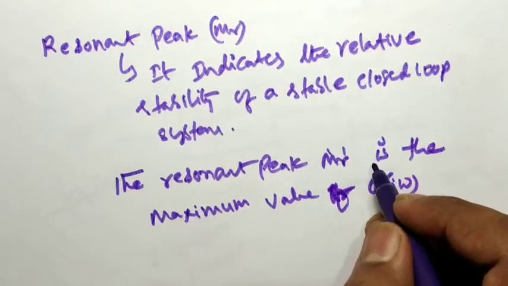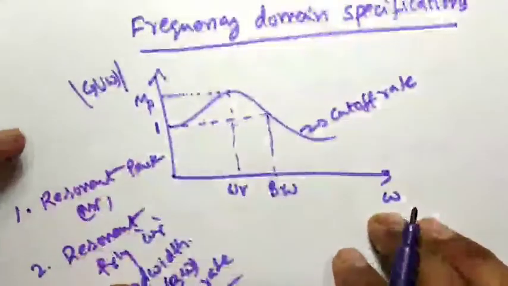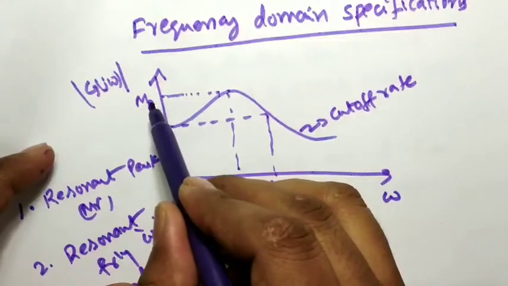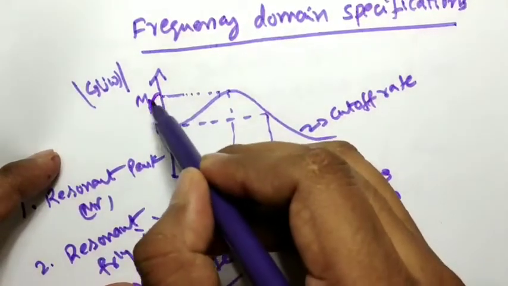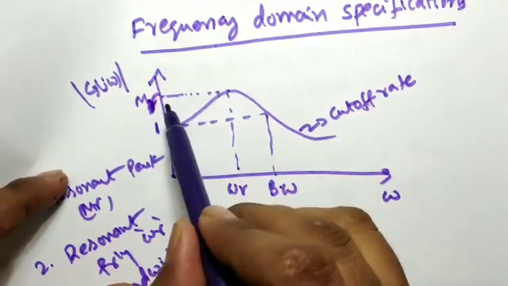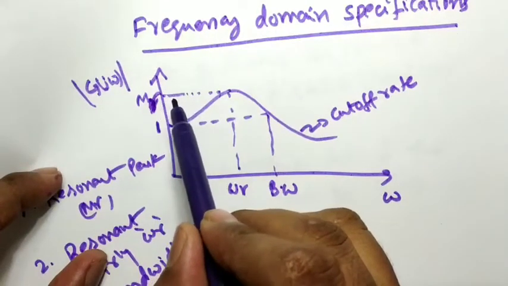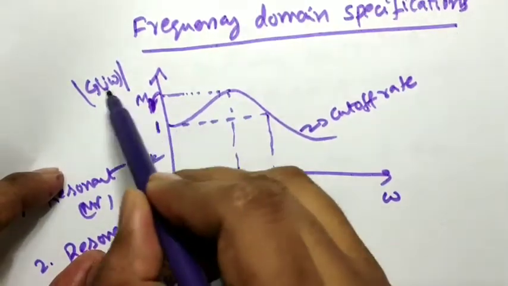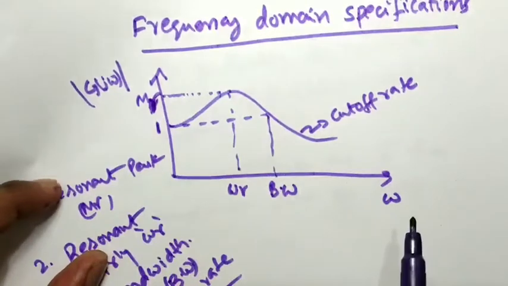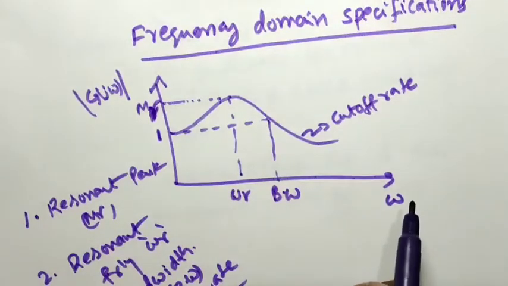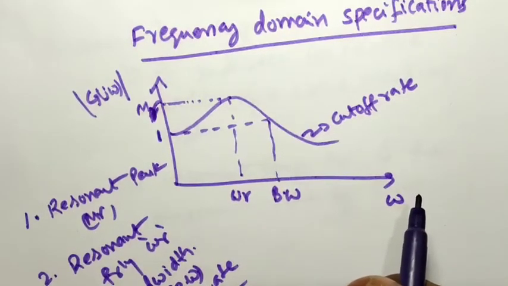See the diagram here. This is MR. This one is the maximum value of M(j omega), right?